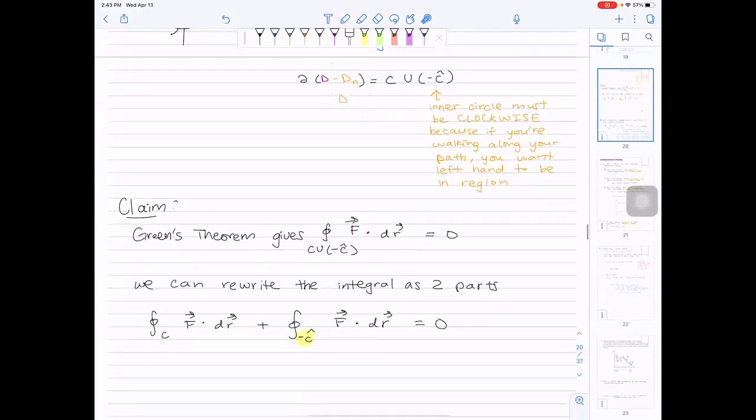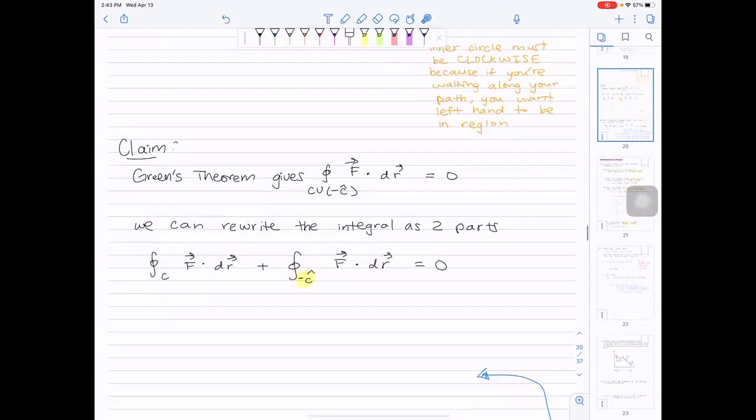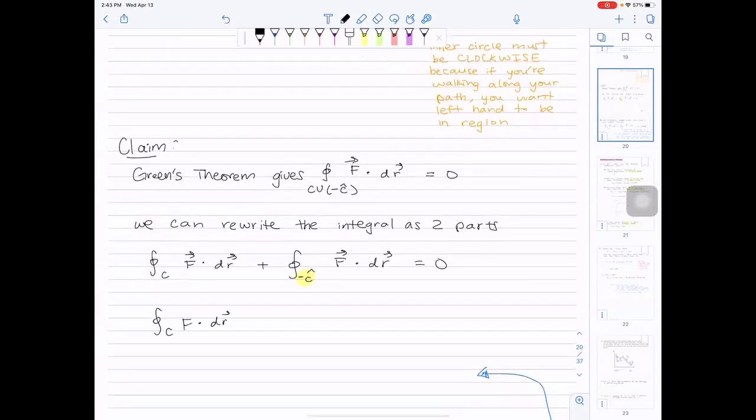What does Green's theorem say? Well, we can break this up into two integrals: the integral over C plus the integral over the orange clockwise curve. Now, if I don't want to deal with this negative C hat, I can bring out the negative. So it becomes the integral over C minus the integral over C hat of F dot dr equals 0.